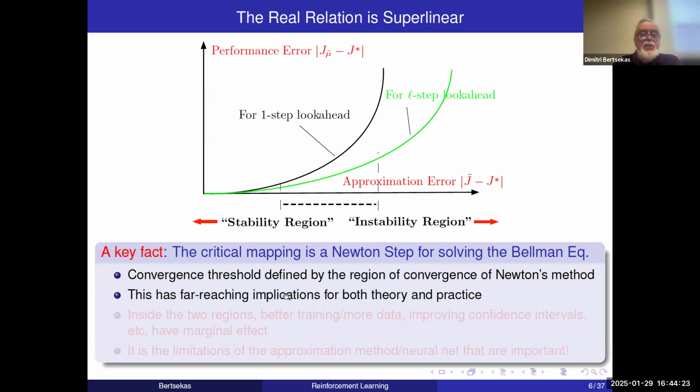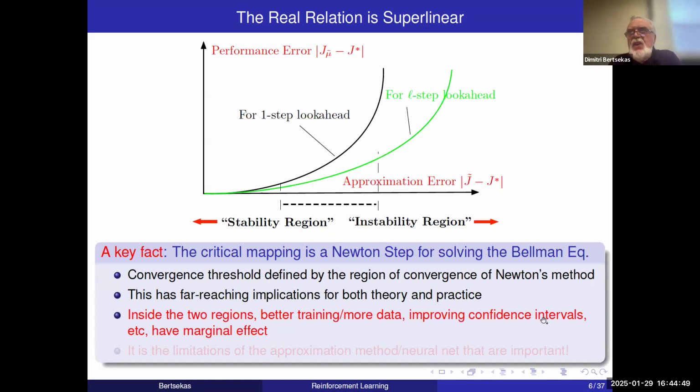Now, this has far-reaching implications for both theory and practice. It suggests that if you are in the good region, then you don't need to worry at all. If you have a good neural network that starts you off in this area, you don't have to be concerned about being too accurate. You don't need to collect a lot of data. You don't need to use refined statistical analysis, confidence intervals, stuff like that. It's all irrelevant if you are in the good region.